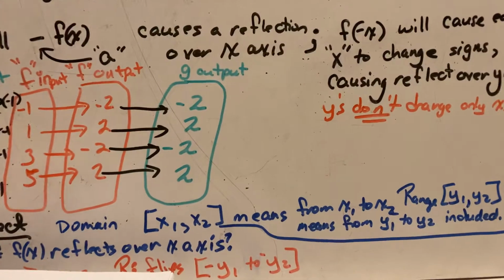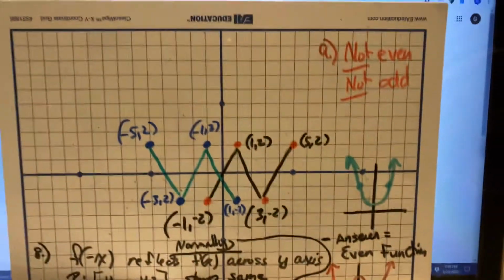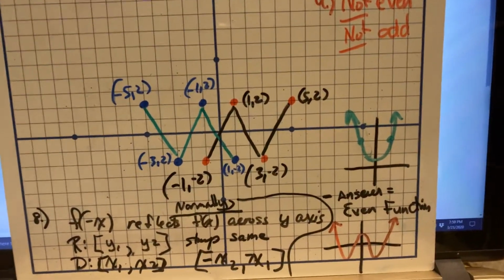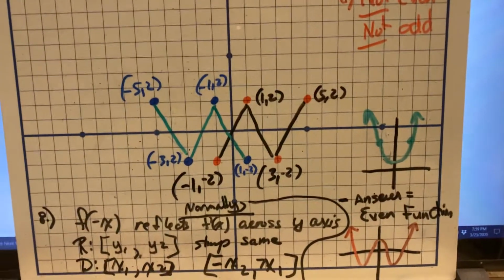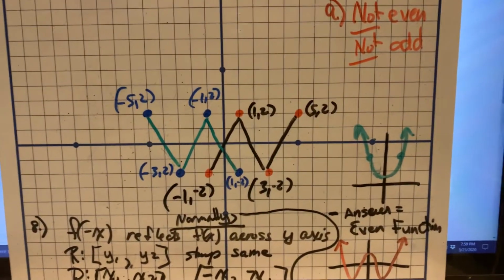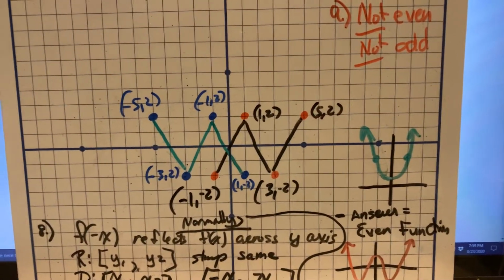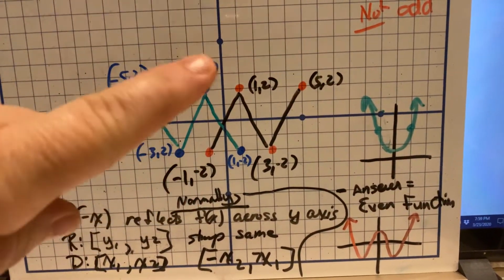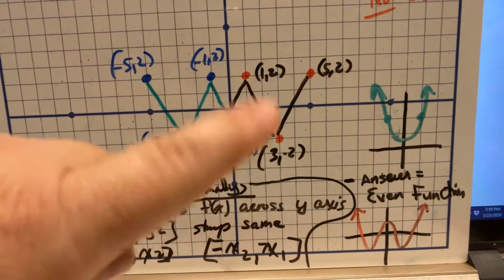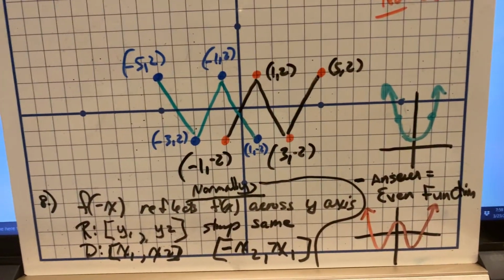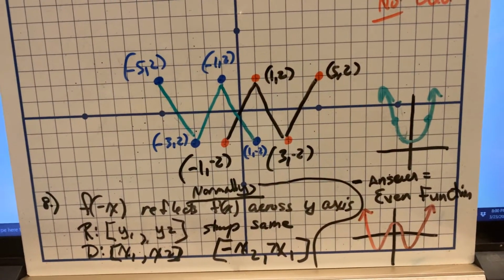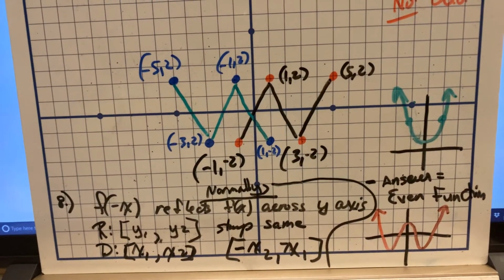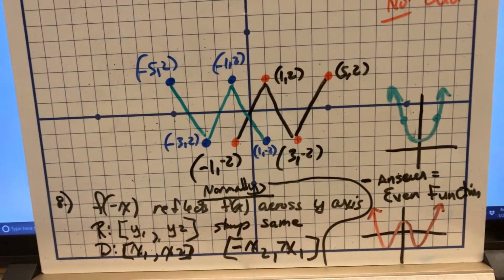So let's take a look at a graph and see what happens here. If you look at the given graph, f of x is in black with the dots in red, and that's what you'll see in your workbook. I went ahead and labeled those for you. The red dots have coordinates (-1, -2), (1, 2), (3, -2), and (5, 2). Now remember what I said, your y values are going to stay the same. The range is going to stay the same; it's the domain that's going to change.